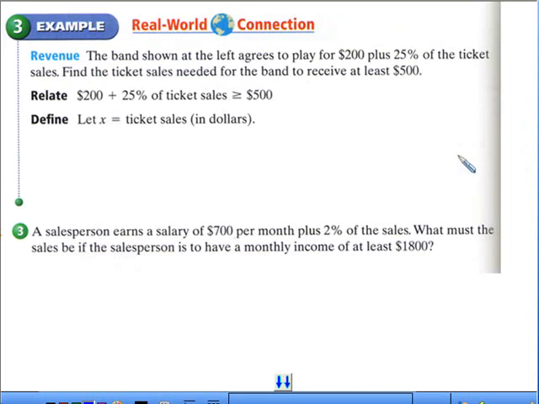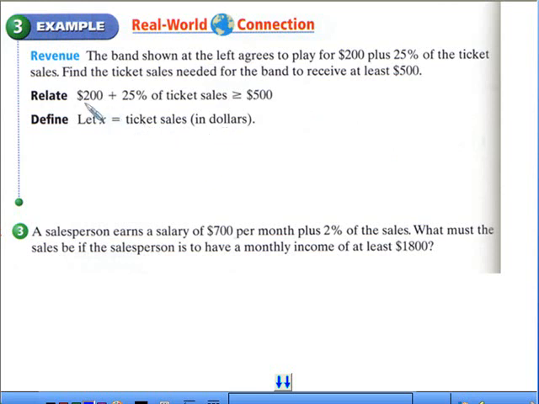Let's take a look at this word problem here. There's a band, and they agreed to play for $200 plus 25% of the ticket sales. Find the ticket sales needed for the band to make at least $500. So here's kind of a real life situation. Let's say x represents ticket sales in terms of dollars.